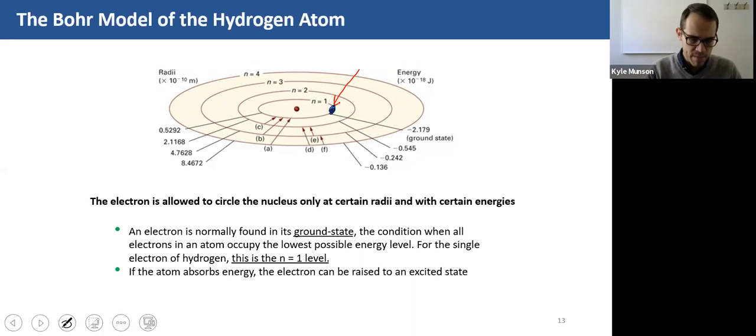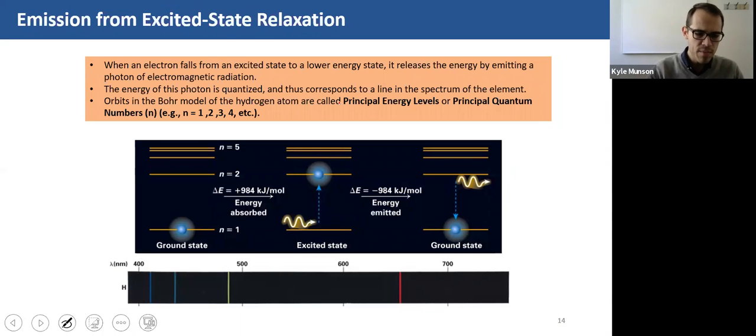So what does that look like? It looks something like this. On the bottom, we have an electron in its ground state, n equals 1 for hydrogen. It absorbs some energy, gets promoted up to an excited state, and it's not up there for long. It comes back down, and when it does, it emits a photon. The energy is released in the form of a photon, so the energy of this photon is quantized.